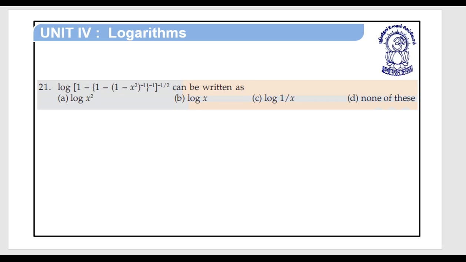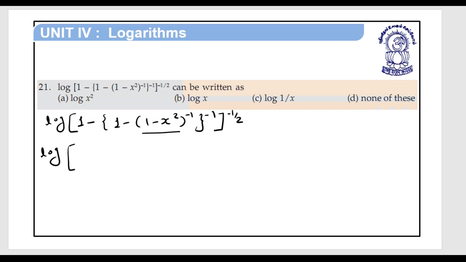Log of 1 minus curly bracket 1 minus small bracket 1 minus x square raised to minus 1, raised to minus 1, raised to minus 1 by 2. So first we have to solve this bracket.